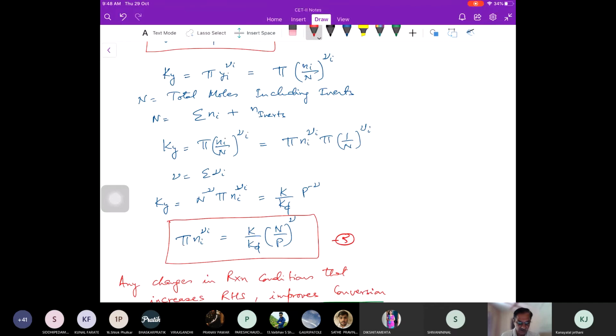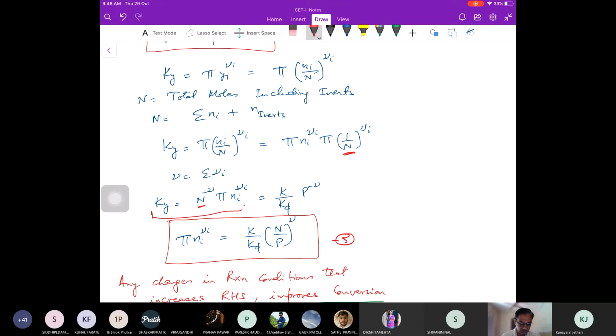And we know that nu is equal to summation of nu I. So you can write Ky is equal to n raised to the power of minus nu, because you're talking about pi, that means products come in the numerator, reactants in the denominator, so it is n raised to the power of minus nu, summation of nu I, into pi of Ni raised to the power of nu I. Okay? Is this understood?